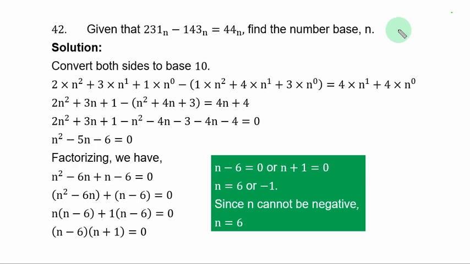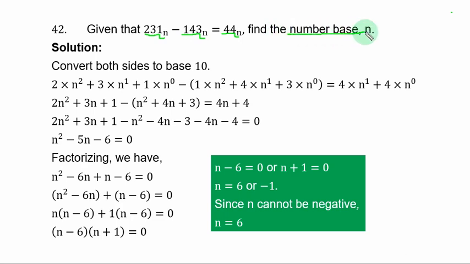Example 42. Given that 2, 3, 1 base n minus 1, 4, 3 base n equal to 4, 4 base n. Find the number base n.